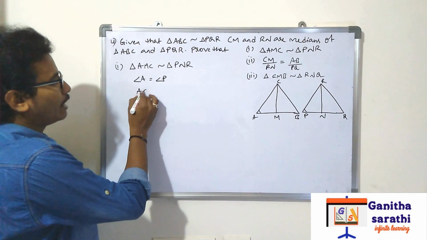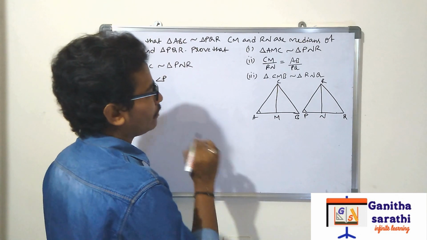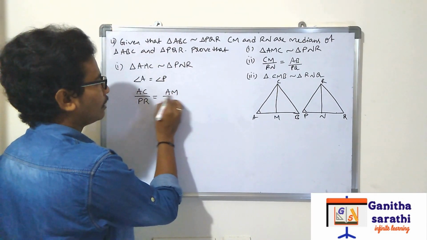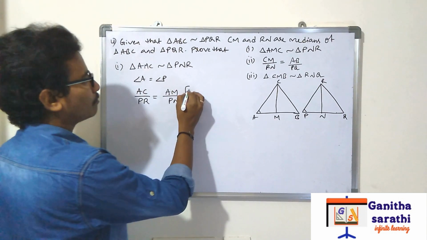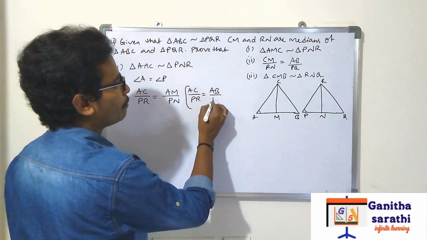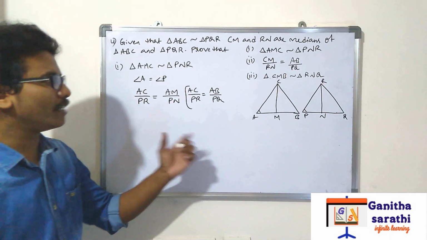Can we write AC by PR is equal to AM by PN? How? What is the condition? We know that AC by PR is equal to AB by PQ, according to the similarity condition that sides are in proportion.